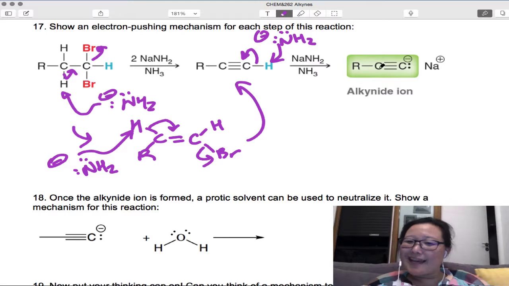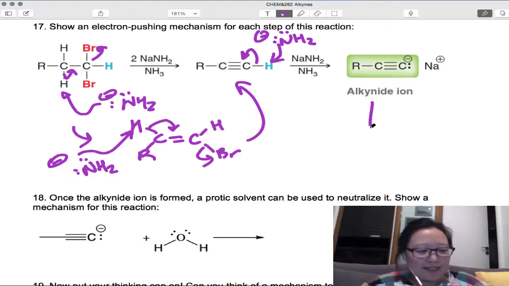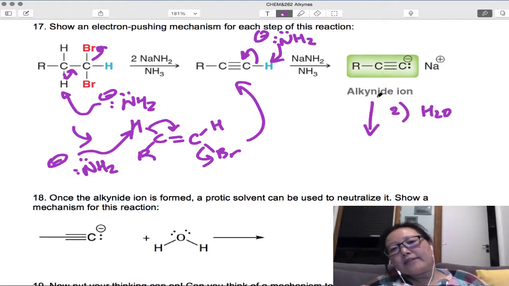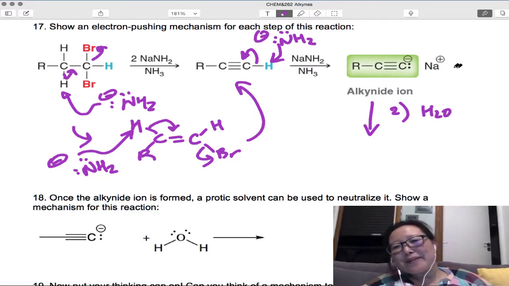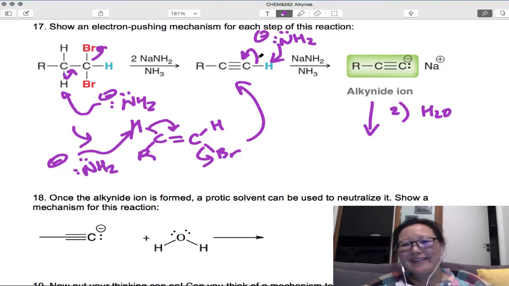So that means that if you wanted the alkyne, you wanted that H, then you're going to have to do a second workup step. And usually in the second workup step, you can use water. I mean, we don't want to use ammonia because it's already in ammonia, and remember, it's weaker than the alkyne. The alkyne's going to push forward. So what we need is something that's not as weak as ammonia. We need water.